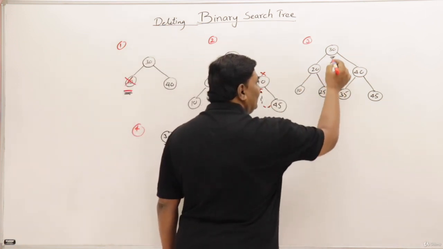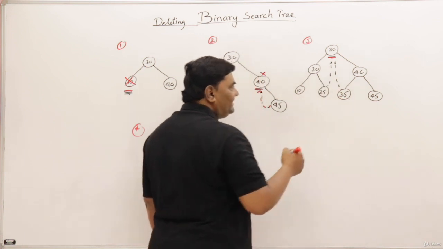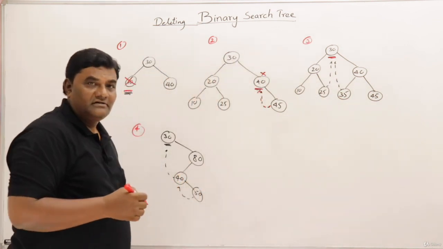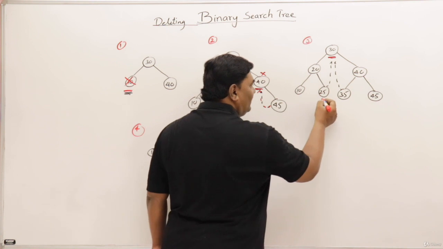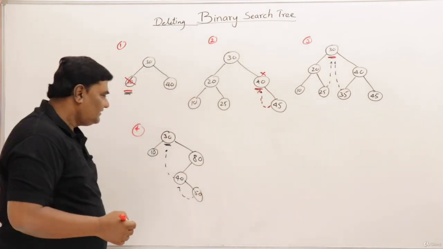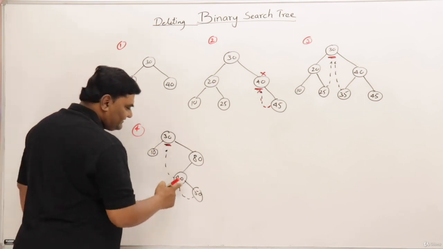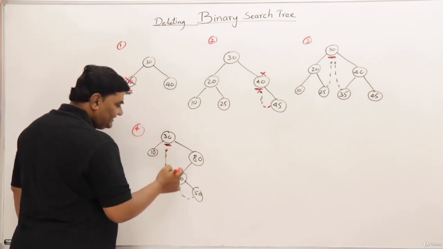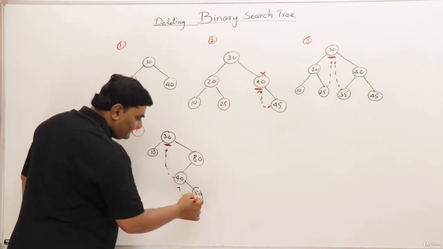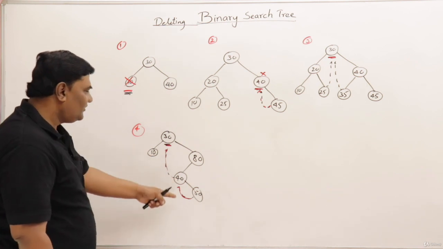Third, if you are deleting 30 and there are both a left subtree as well as a right subtree, then let the in order predecessor or the in order successor go to its place. Now the fourth one, if you are deleting a node and you want the in order successor, then this will go in its place. Again, if it has children, then its in order predecessor or successor will come to its place. More than one modification is required.